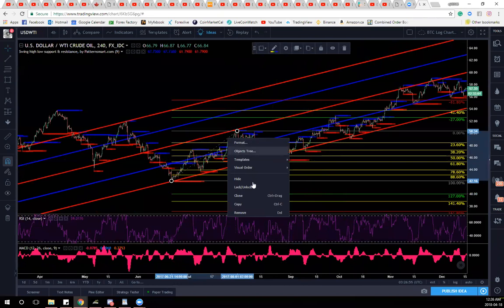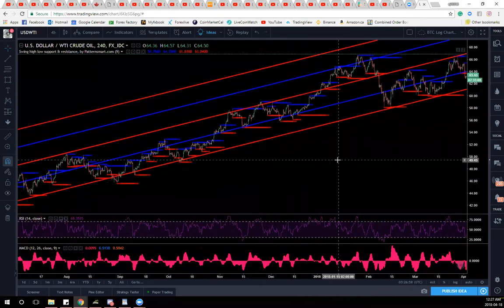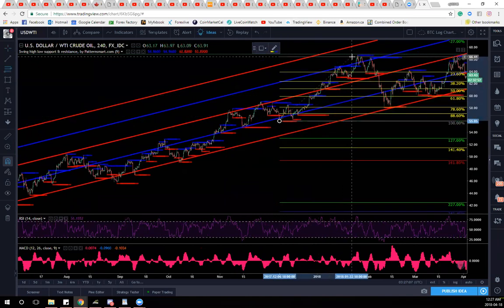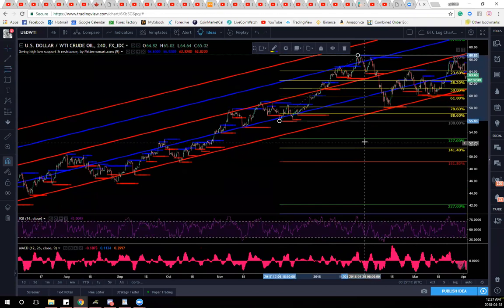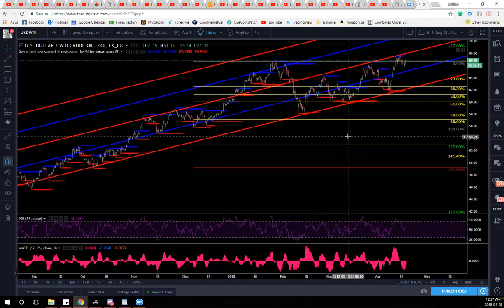Guess what? Stop making lower lows. Start making lower lows. Come on, magnet. Guess what? Right on the dot. 4-hour candle. 786.